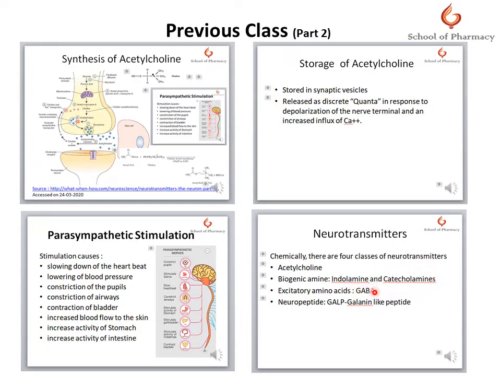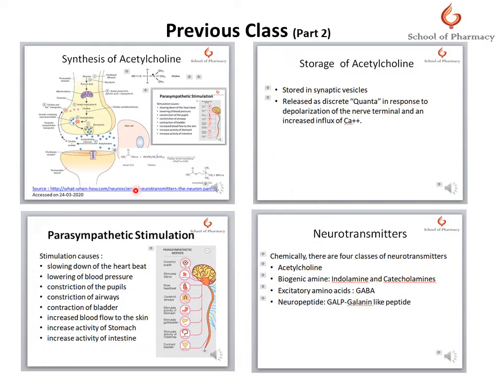You might be aware of the catecholamines because we discussed them in the previous unit: dopamine, norepinephrine and epinephrine, synthesized from tyrosine. The indolamine class contains serotonin and tryptamine, which are synthesized from tryptophan.